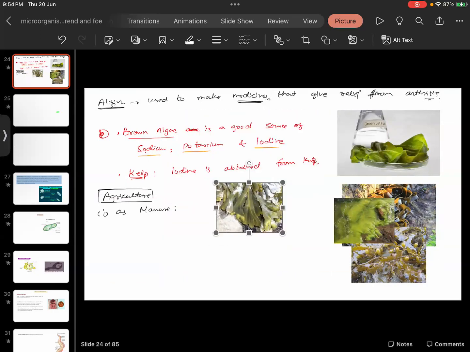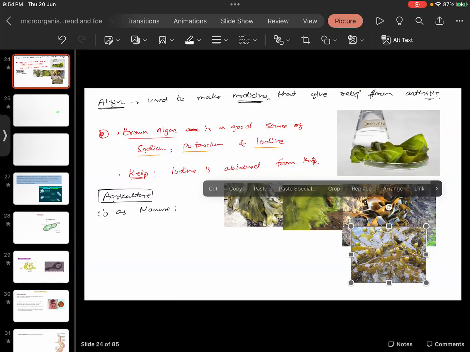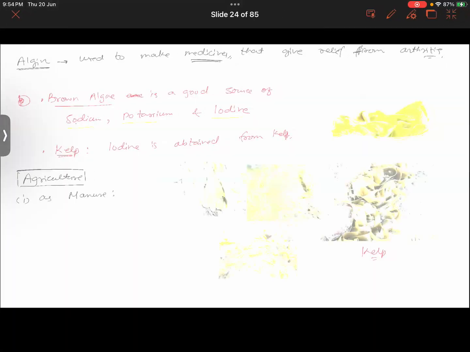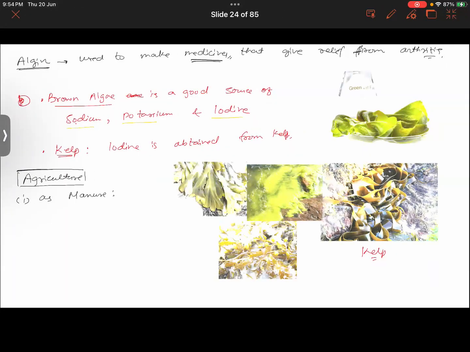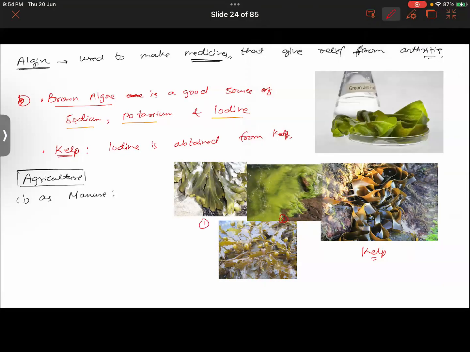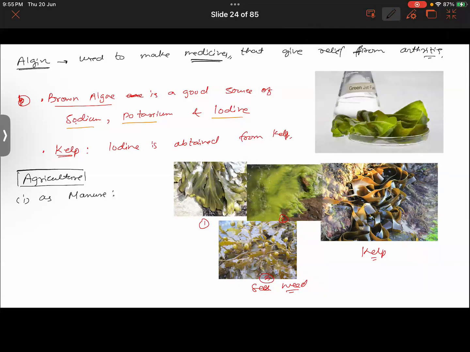So in that manner also we can use alga to enhance the fertility of the soil. Hope that is clear. Now, these seaweeds you are seeing over here, the first, second, and third image, all of them are seaweed. What is special about the seaweeds now? That they are a rich source of minerals like nitrogen and potassium.